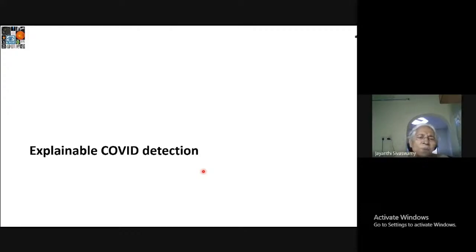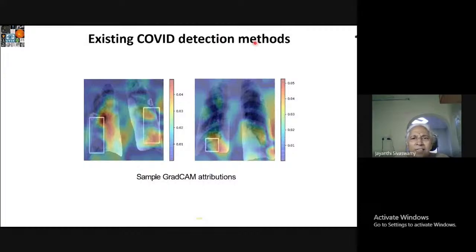So we looked at the problem and said, how do we make it explainable? Let me explain what I mean by explainable. If you take the existing COVID detection methods, they will give you a heat map, or the GradCAM attributions, as we call it.